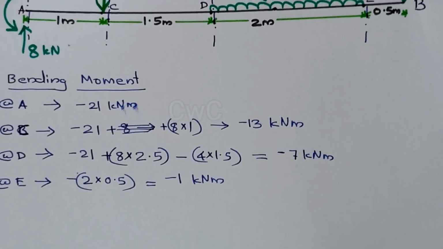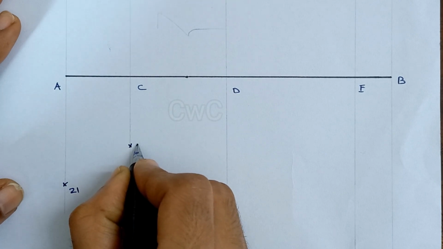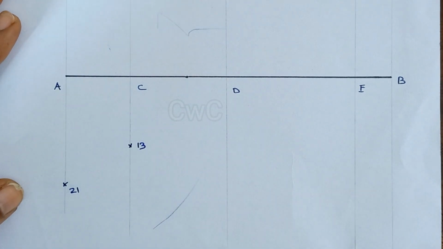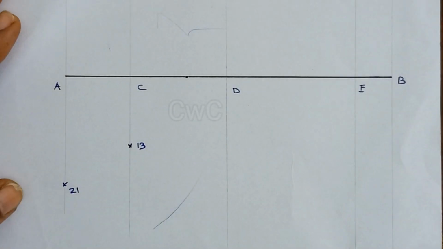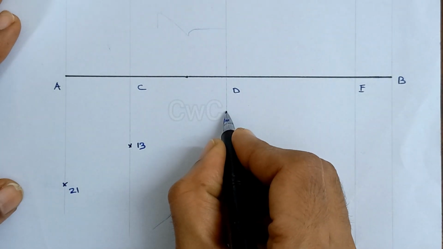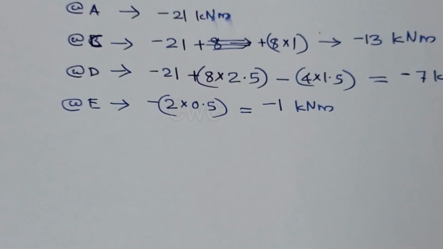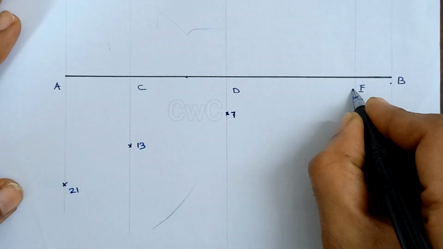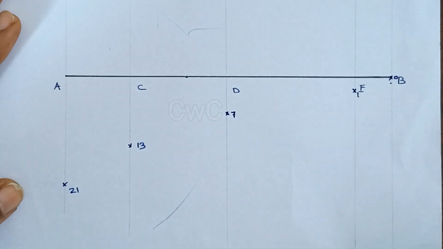Now at C we have minus 13 kilonewton meter, and at D it is minus 7. And at E it is minus 1. And at B it is 0.